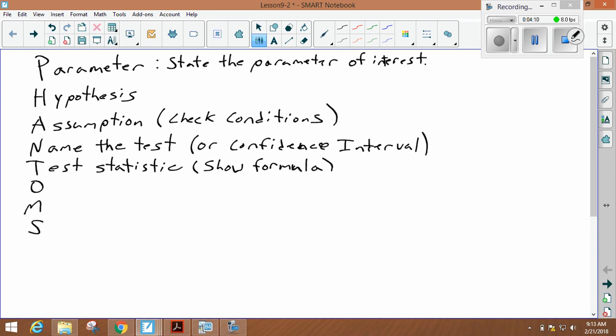Observed p-values. So you perform a test, it'll give you a p-value, right?